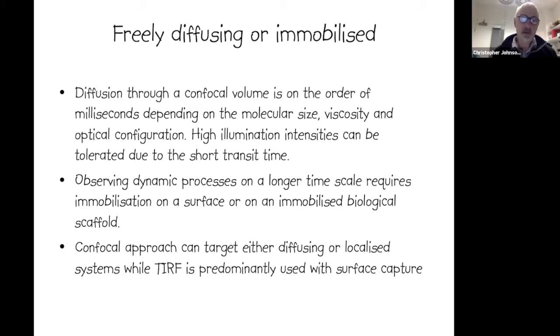And this is implemented in a technique called optical tweezers. The confocal approach can target either diffusing or localized systems, while TIRF illumination is obviously predominantly a technique that you would apply to systems that have undergone surface capture.